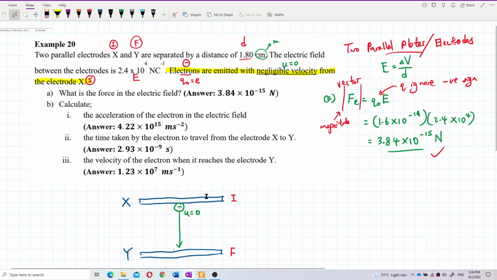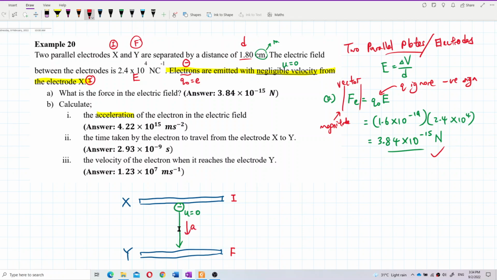But it starts from zero velocity, and then it accelerates. So it can move from X to Y and then accelerate some more, and the acceleration is also in this direction.